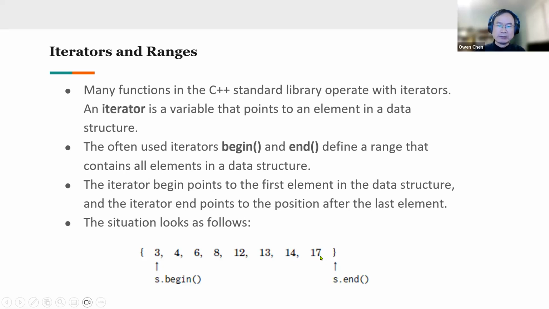The end is actually one past the last element, so the one before it is the last element. So when you use the find function to go through and it returns this end, that means it didn't find anything. It's empty.